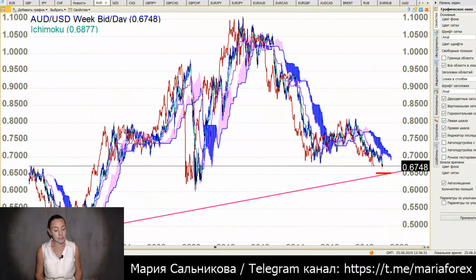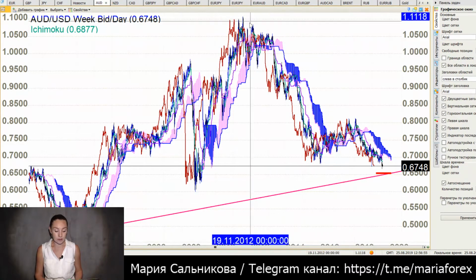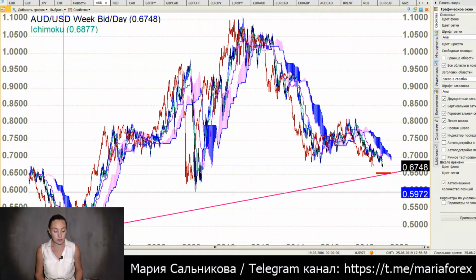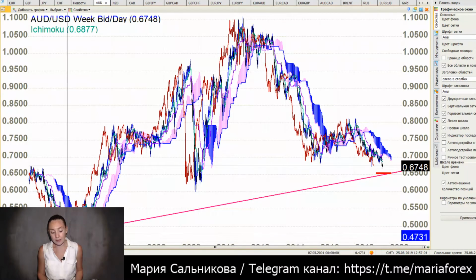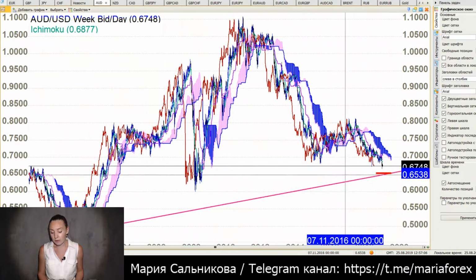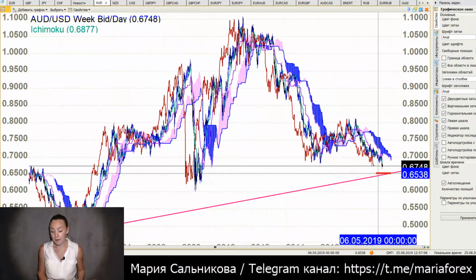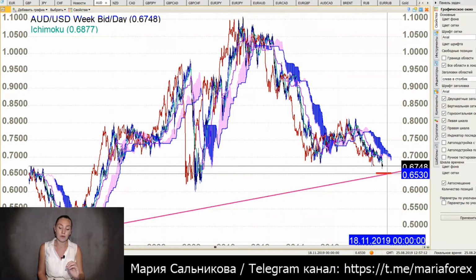Look here. Here is a level of support from 2000 to 2001, and this is the level of support from the beginning of this century, and I think that price will try to go to the level of support 0.65, but I can't tell you the right day or the right month when the price will come here.